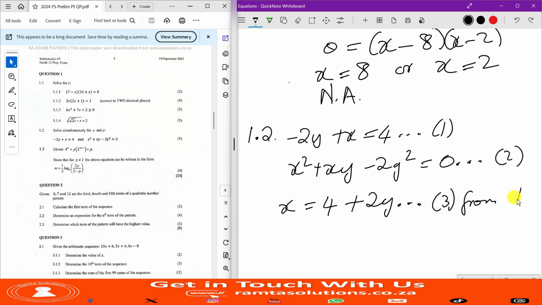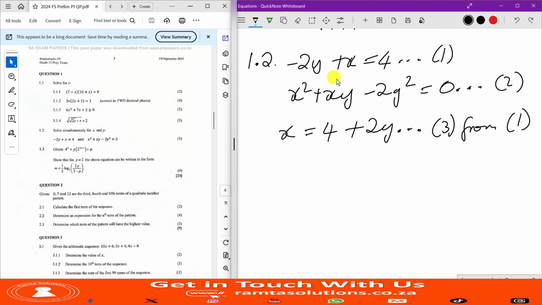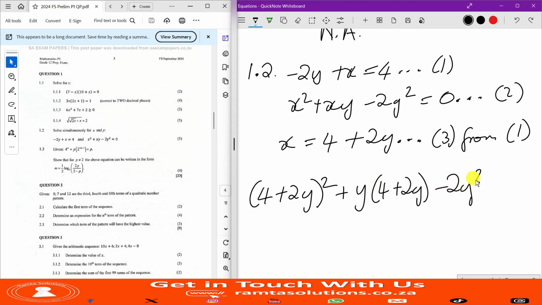Now substitute equation 3 into equation 2. We put 4 plus 2y squared plus y times 4 plus 2y minus 2y squared equals 0.